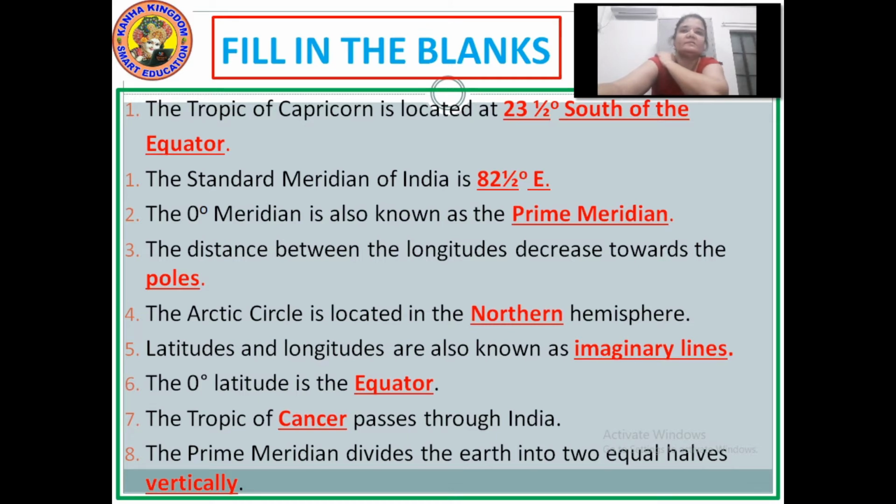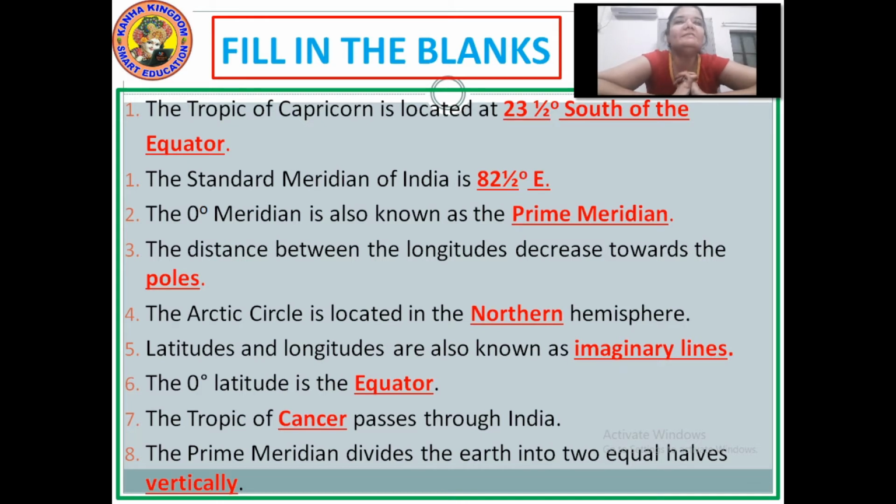Okay, next. The zero meridian is also known as the dash. The zero meridian is also known as the prime meridian. Okay. Next, number 4.